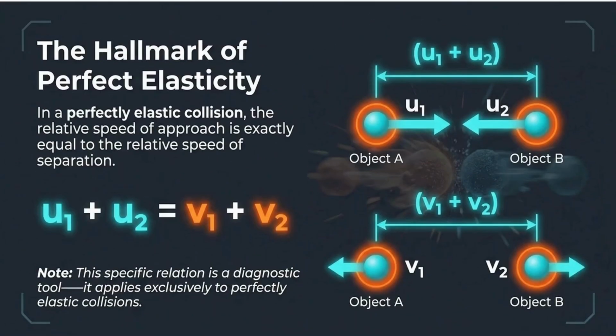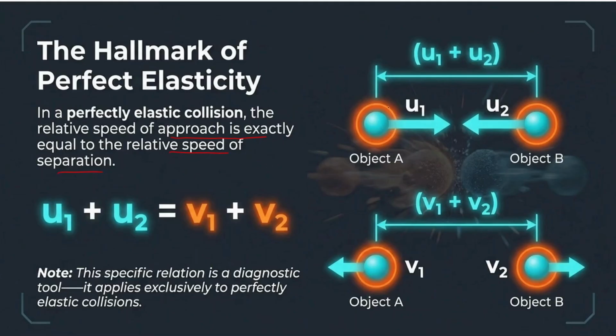So now we conclude our elastic collision. In elastic collisions, we know the momentum is conserved and kinetic energy is also conserved. And one more thing, which is very useful when you solve exercise problems: in perfectly elastic collisions, the relative speed of approach is exactly equal to the relative speed of separation.